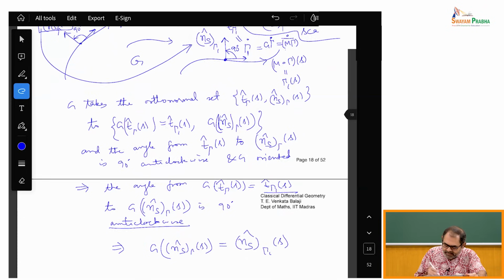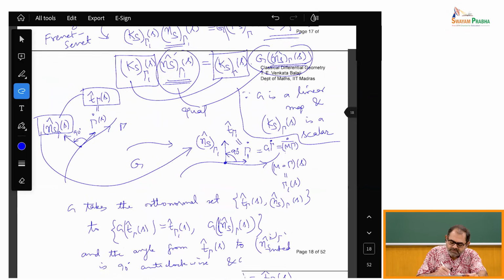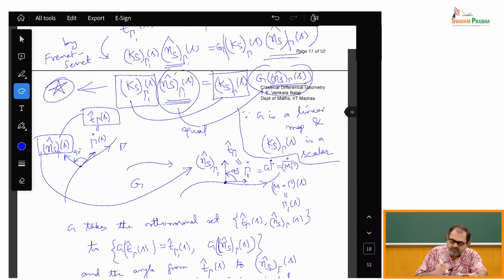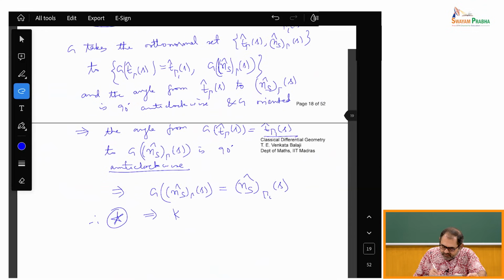Okay, and if I call this equation star, from star you see these two vectors are equal, therefore the coefficients are equal. Okay, therefore star implies that the signed curvature of gamma 1 of s is the same as the signed curvature of gamma of s, and of course gamma 1 is just g circle gamma.